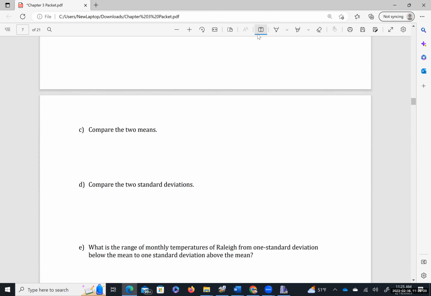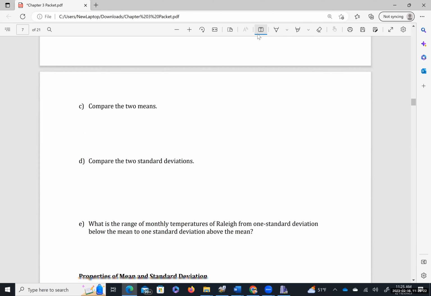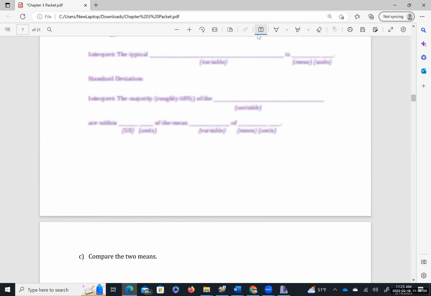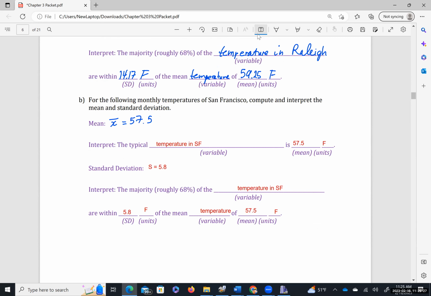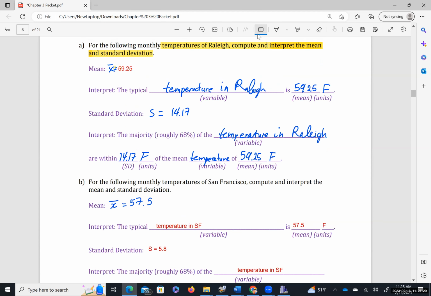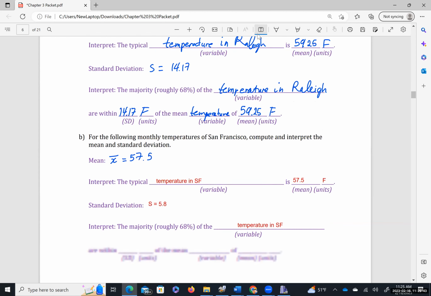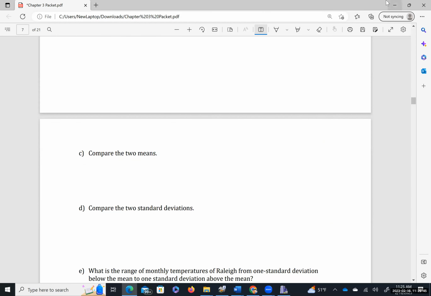Now we're going to compare two means. The first mean, for Raleigh, was 59.25. The second one is 57.5, right? So I would say both means are pretty similar.